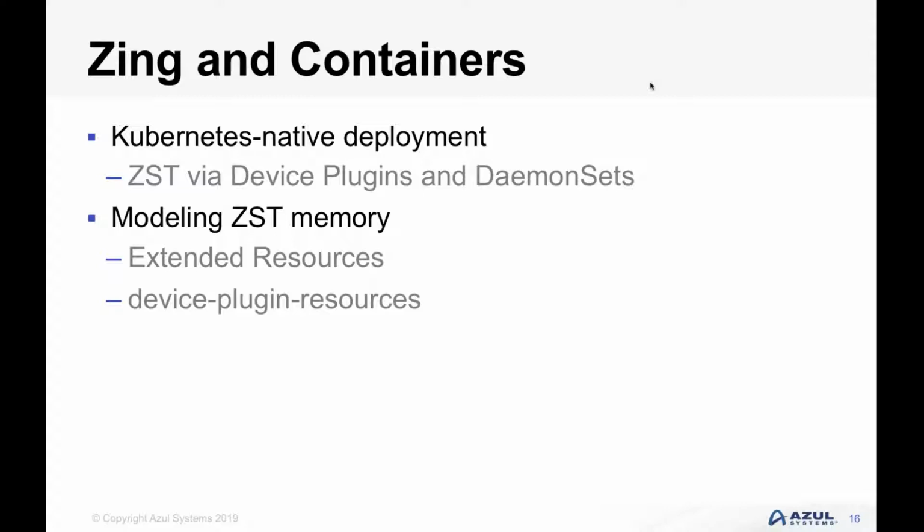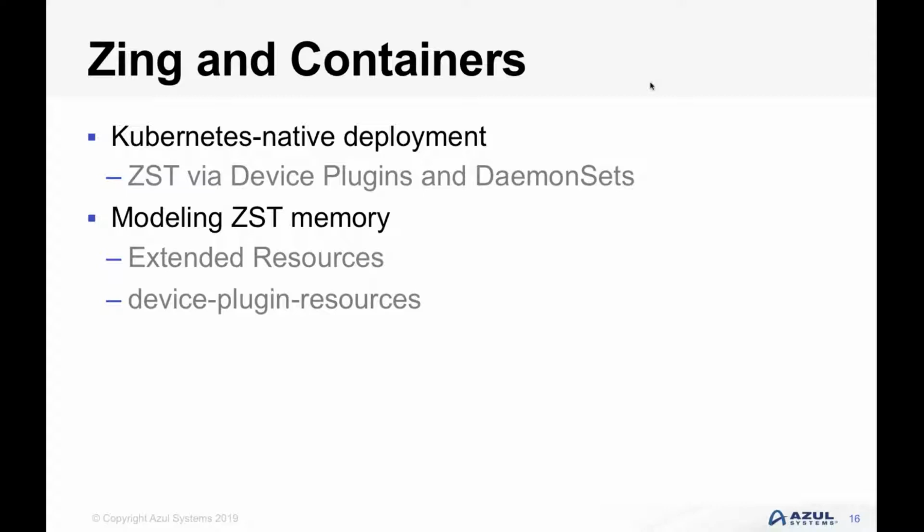But one of the challenges, because we used the Zing system tools, was how to make the memory available within the container, within the Kubernetes environment. Since version 1.8, Kubernetes has had the idea of device plugins, and you can set up daemon sets so that all the nodes can run the same thing and have access to the underlying Zing system tools.